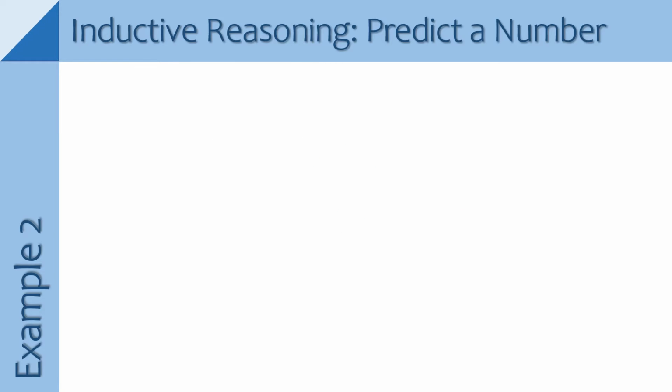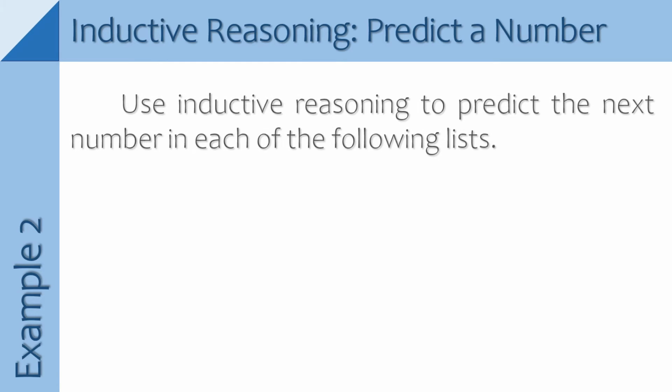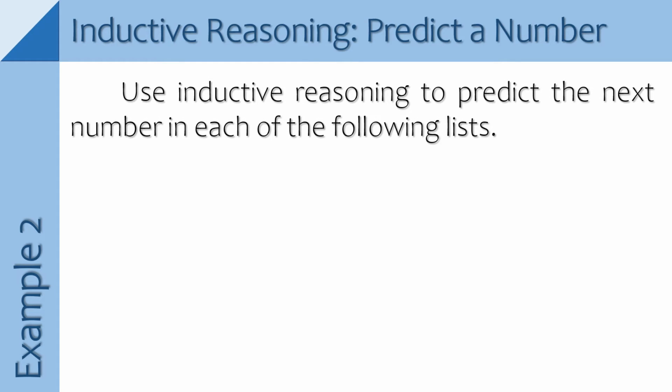How about this example? We use inductive reasoning to predict the next number in the following list. We have 2, 5, 10, 17, 26. Let us analyze the given set of numbers.